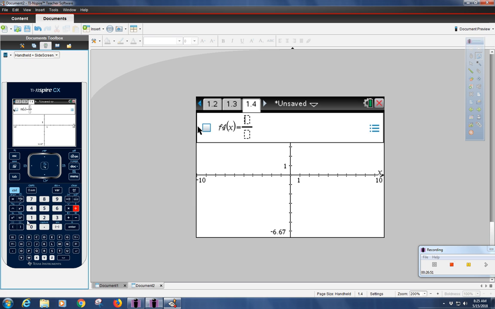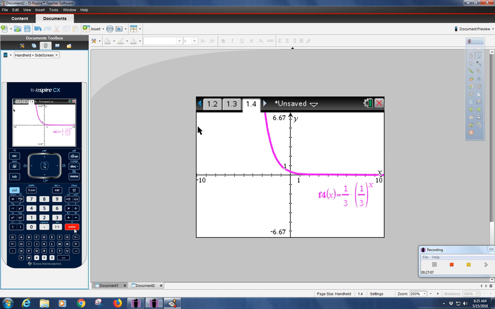Control divide, 1/3, and then times, open parentheses, control divide, 1/3, close parentheses, to the x, and then there's your graph for number 72. So again, don't miss those. I don't want you to miss those tomorrow.